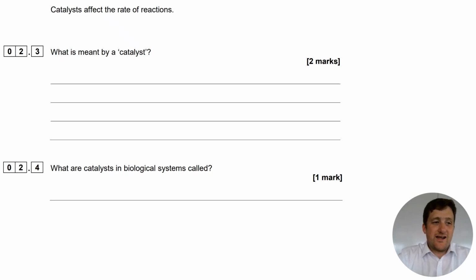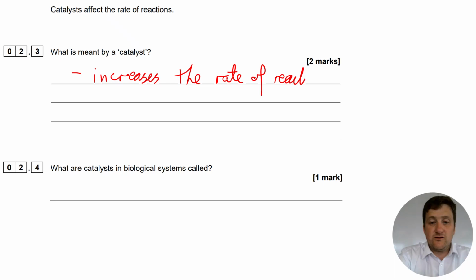Okay, what is meant by catalyst? Again, part of our rates of reaction, you need to know this definition. Okay, it increases the rate of reaction. Our first point to call. Increases the rate of reaction. Nice and simple. How? Actually, we don't even care about the how at this point.